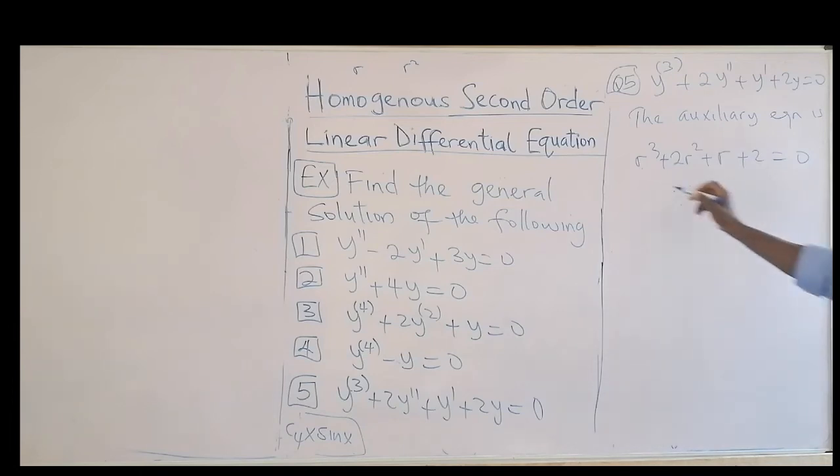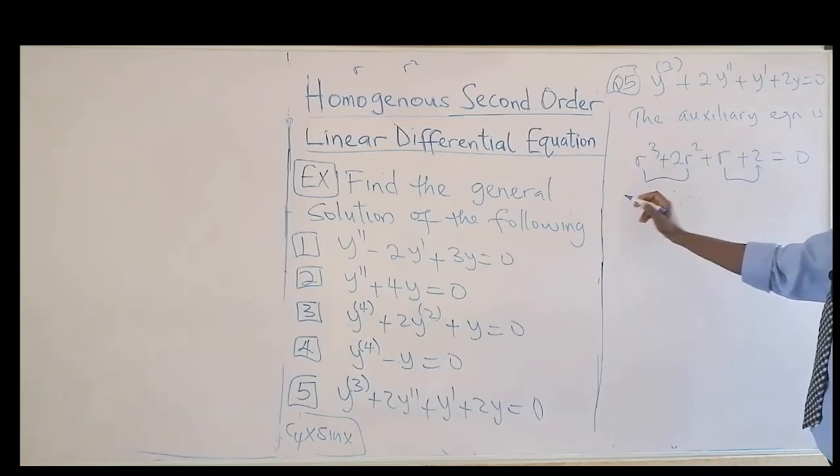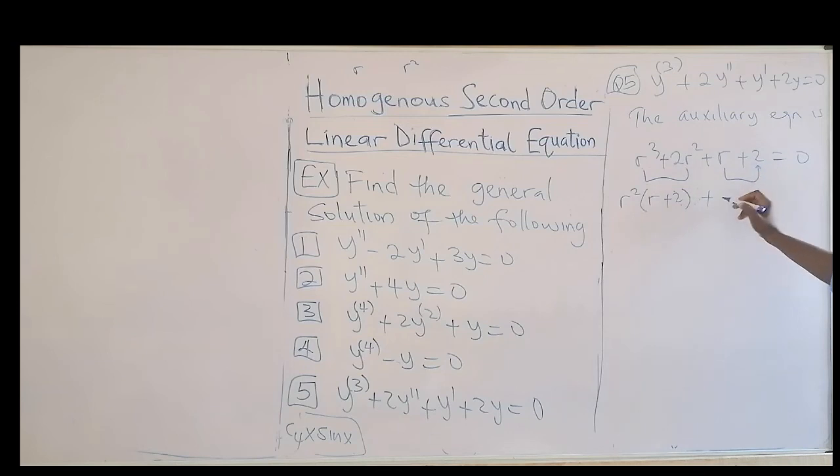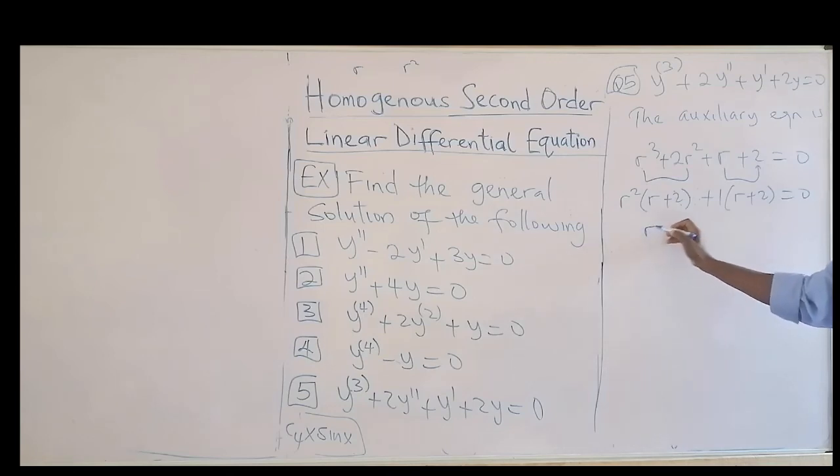Then we can begin to pair this together, pair this also together. Here, r squared is common, and we have r plus 2. Here, 1 is common, so take 1 out, and that will be r plus 2 equal to 0. Then you have r plus 2 into bracket r squared plus 1 equal to 0.